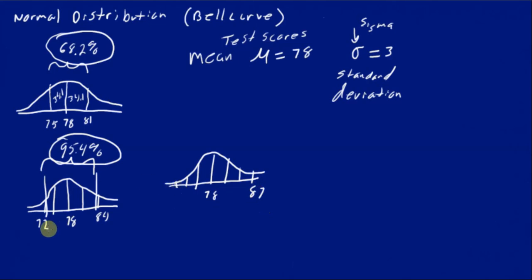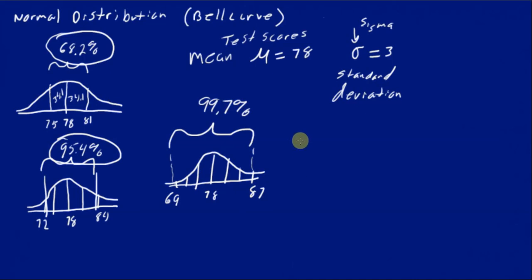And we're going to subtract 3 more from the 72, and we have a score of 69. Now we have 3 standard deviations above or below the mean, and that's actually going to contain 99.7% of our population, or almost the entire population.